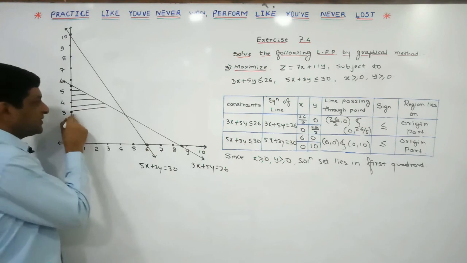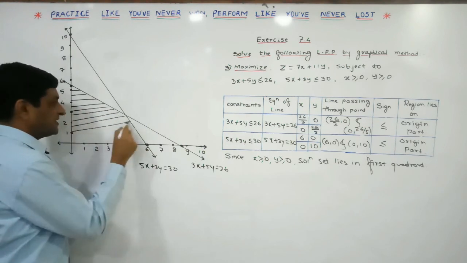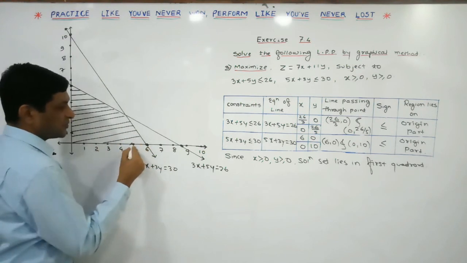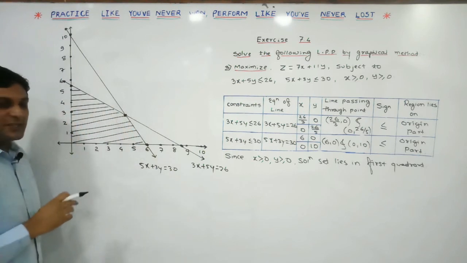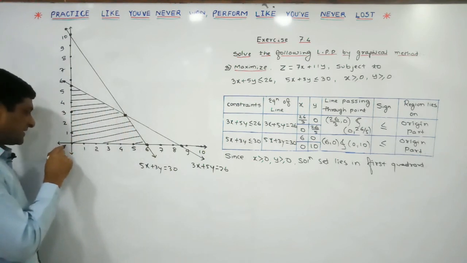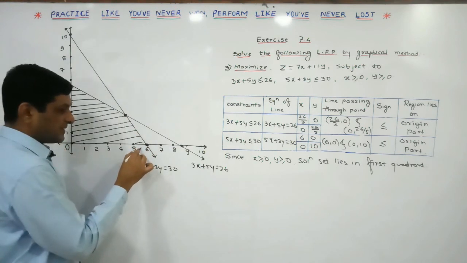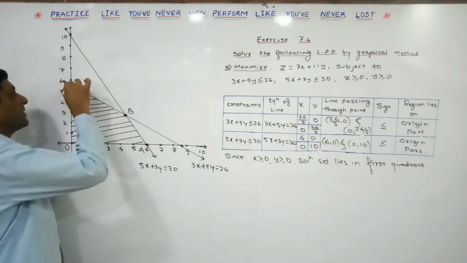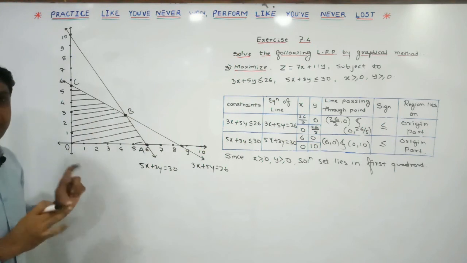The shaded portion in this figure is our required solution set, or we can say the feasible solutions, and the set of all these feasible solutions is called what? Feasible region. So once the feasible region is known to us, denote its vertices. Origin we generally denote by O. Denote this vertex by point A, this vertex by point B, and this vertex by point C. So the shaded portion in the figure represents what?